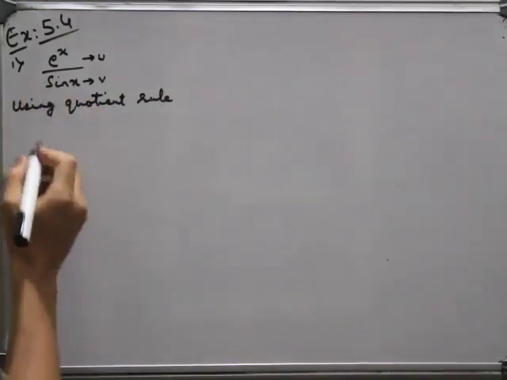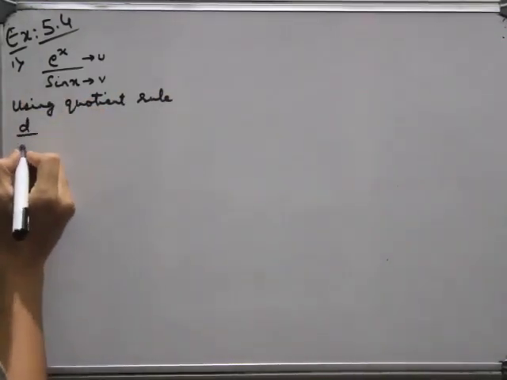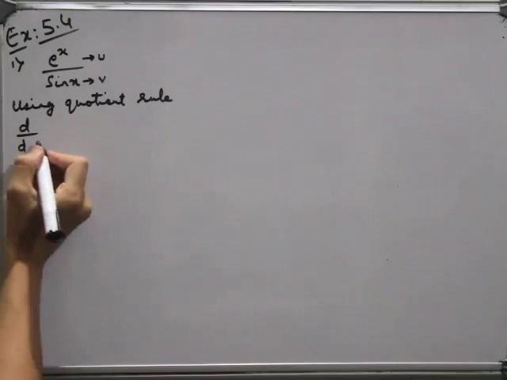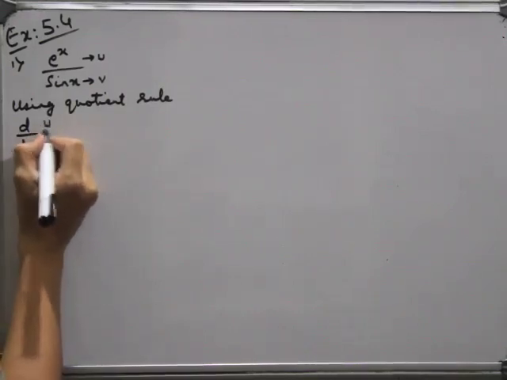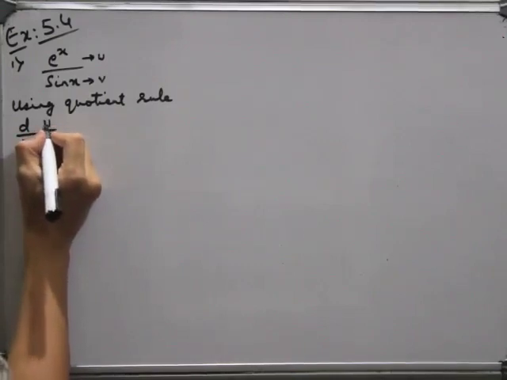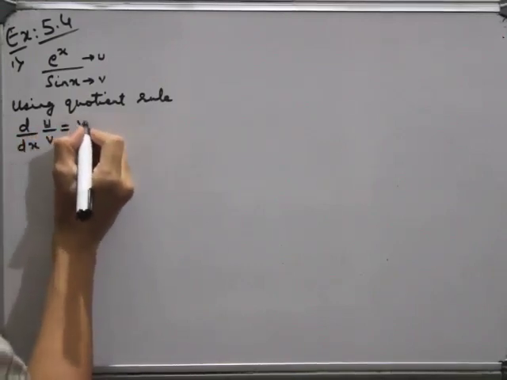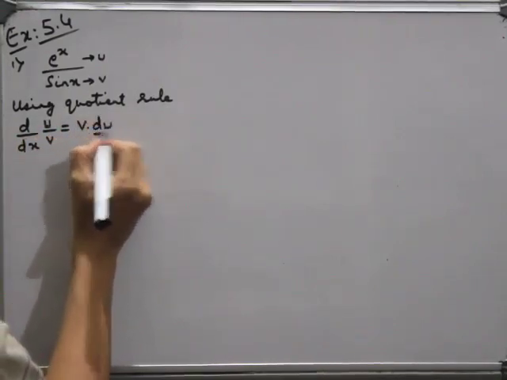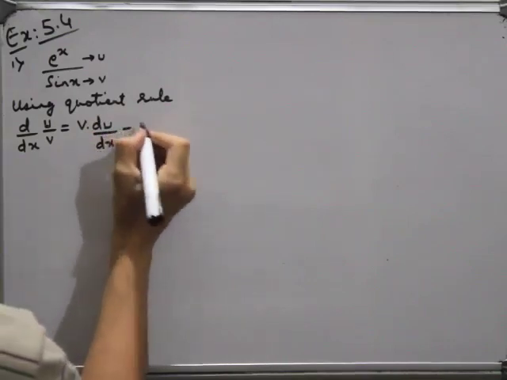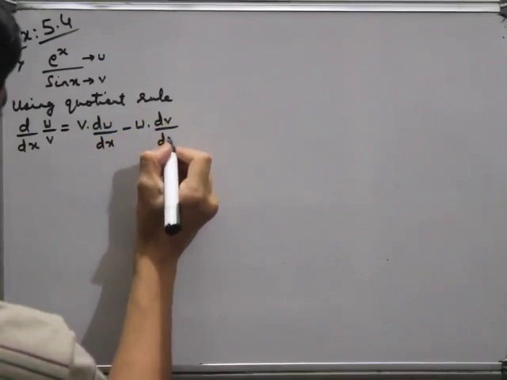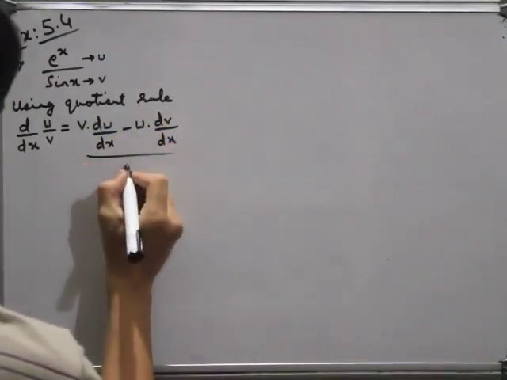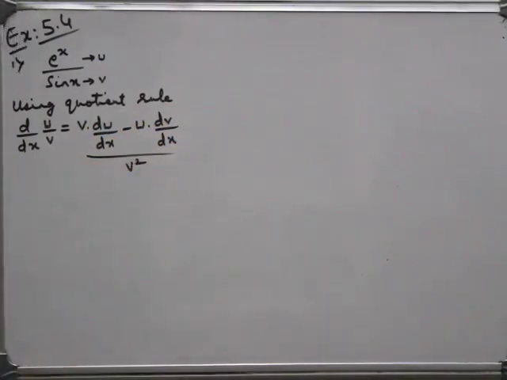What is the quotient rule? Differentiation of u by v is equal to v into du by dx minus u into dv by dx divided by v square. Okay, this is the quotient rule.